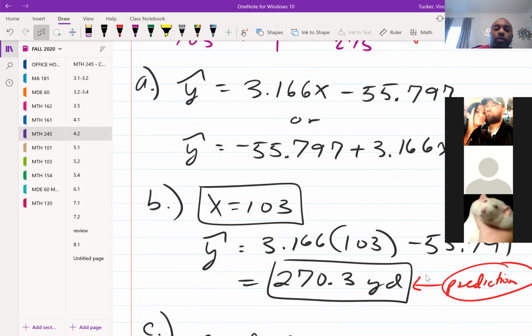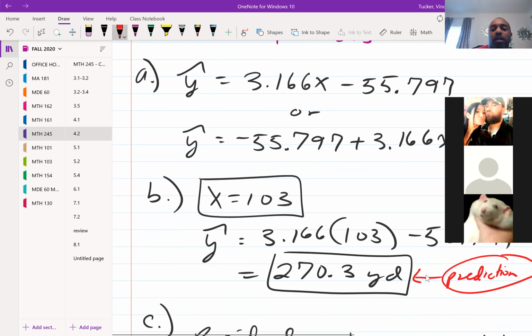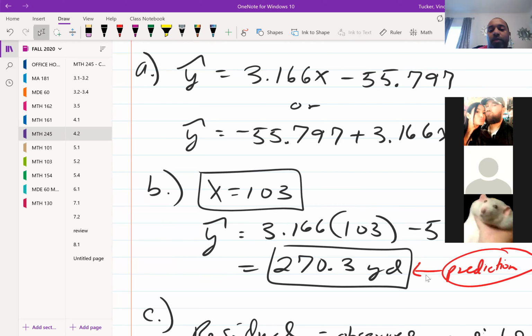So you plug it into your regression line equation for x and do the calculation, and we get 270.3 yards. And once again, that's our prediction. So we're predicting that on average, when you hit a ball at 103 miles per hour, the distance the ball will travel will be 270.3 yards.